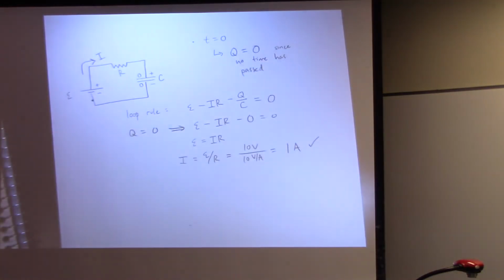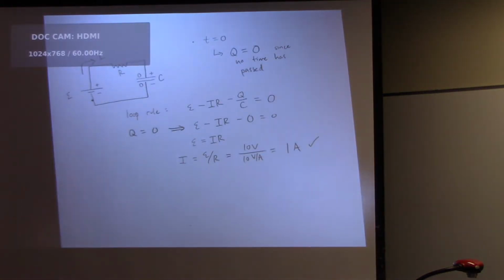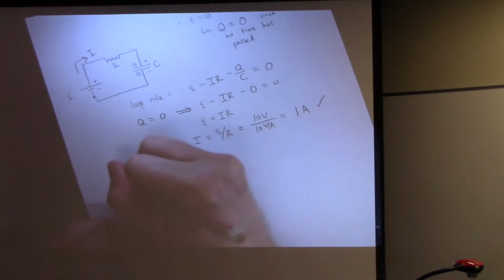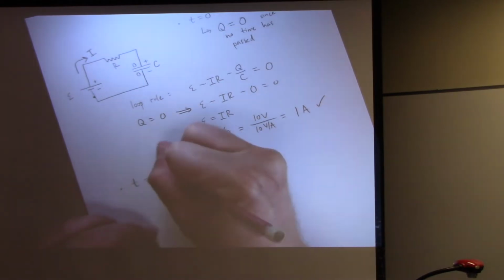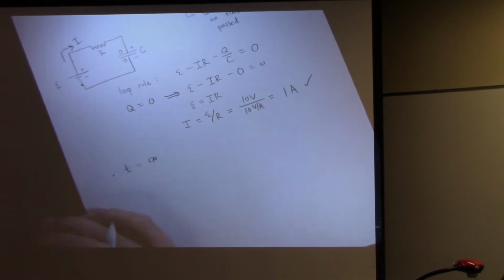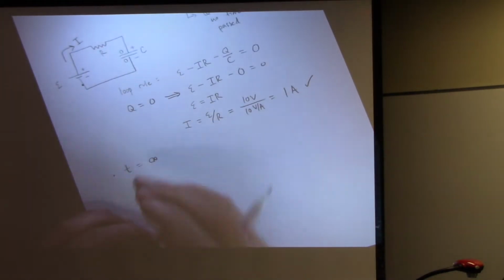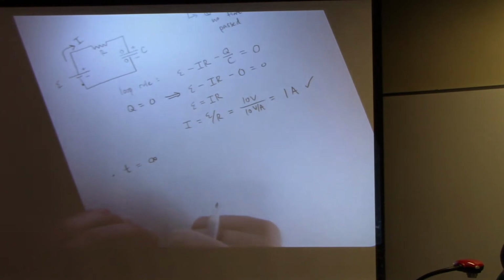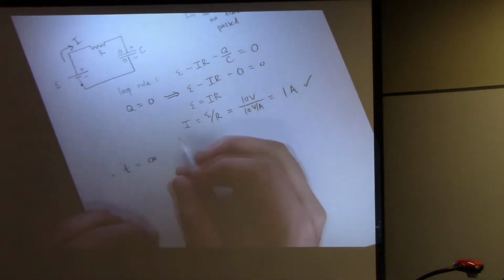Okay, so going back to the document camera here. Let's take t equal to infinity. And I just want you to think about how this works intuitively. You've done a lab on charging and discharging capacitors already.